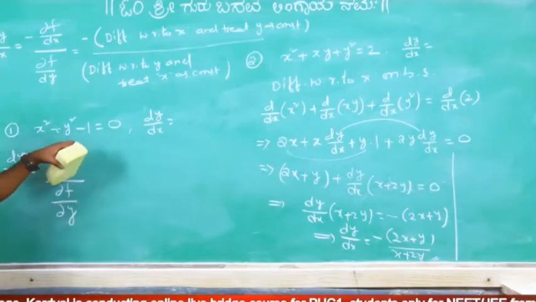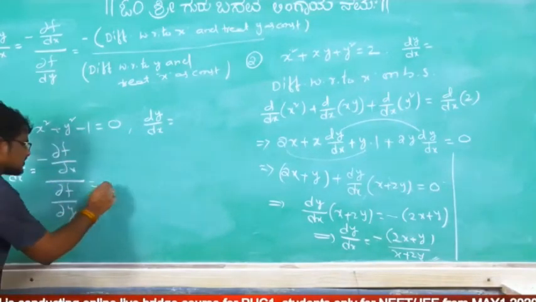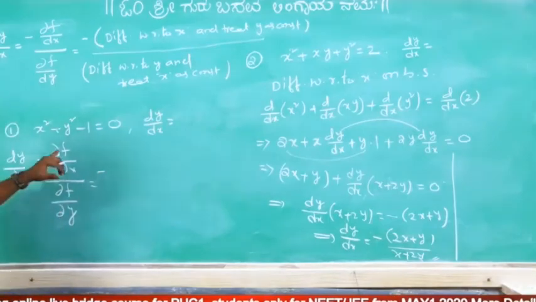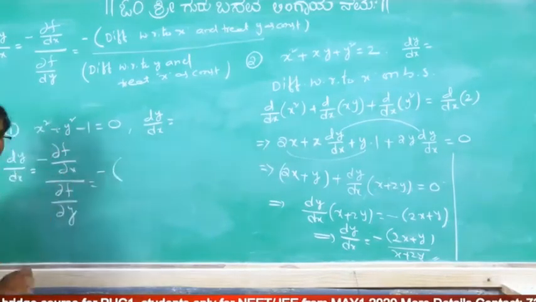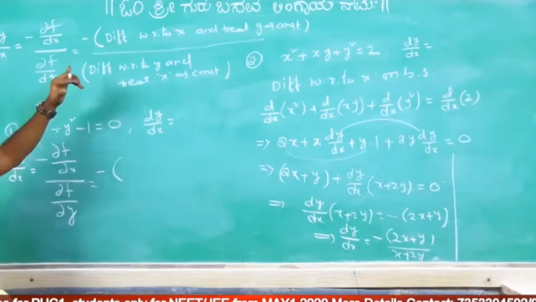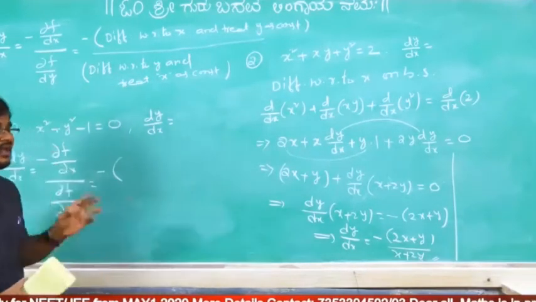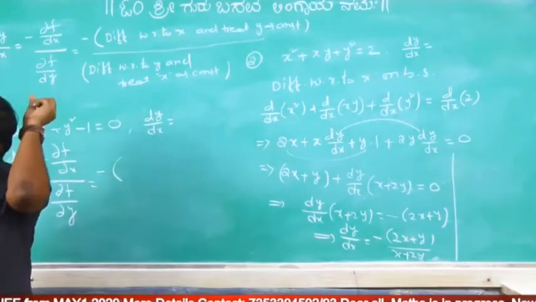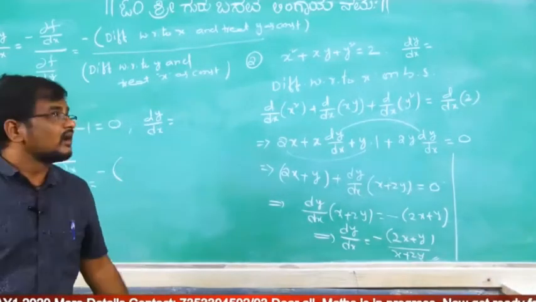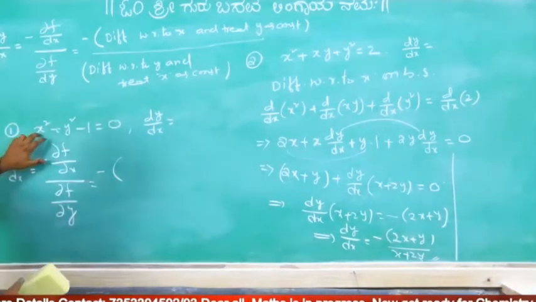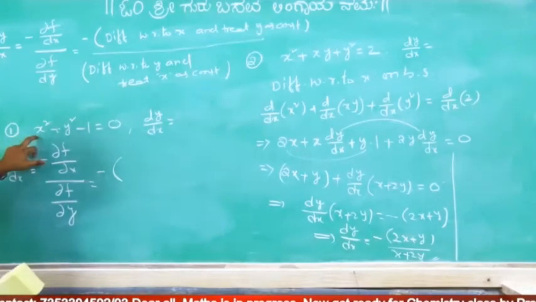This is a partial differentiation. Dou f by dou x means differentiation of the given function with respect to x, and where y is there we have to take it as constant.